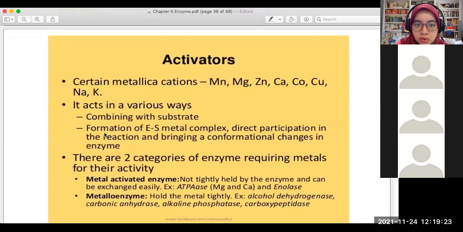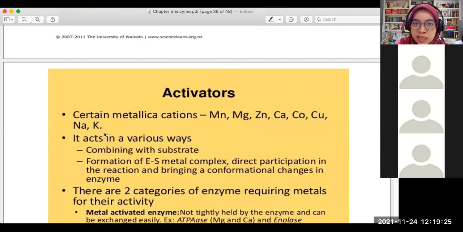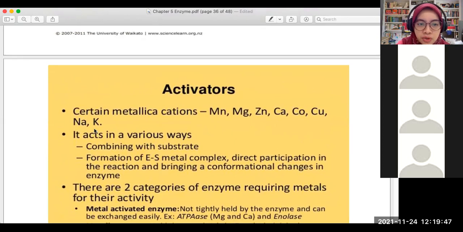Although enzymes are themselves catalysts, enzymes also require some support. So enzymes also have activators. Examples of activators are metallic cations, for example magnesium, zinc, copper, sodium.